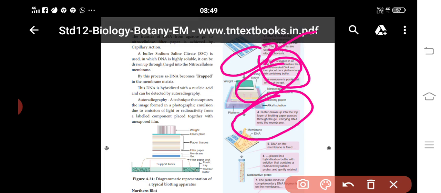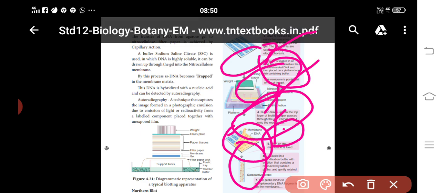So the nitrocellulose membrane and the blotting paper, that is alkali, all this takes place. Next one, it is a buffer solution, SSC. So the blotting paper draws the buffer through the gel, carrying the DNA onto the membrane. So the membrane gets the DNA trapped. Next, the DNA is fixed on it. Next, it is placed in the hybridization bottle.